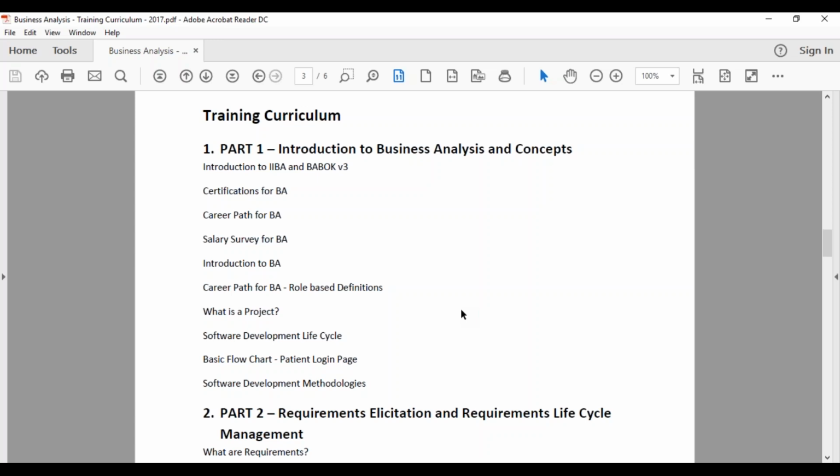We have also seen RAD, rapid application development, when to use waterfall, when to use agile and when to use rapid application development. Further to that, I've given you an introduction to MS Visio, how to use MS Visio, and we have also created a basic flowchart using MS Visio for patient login page.